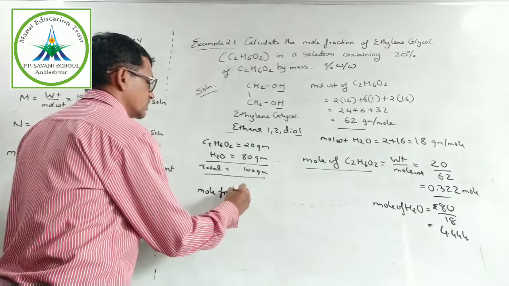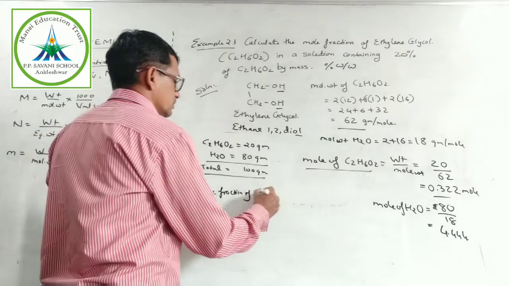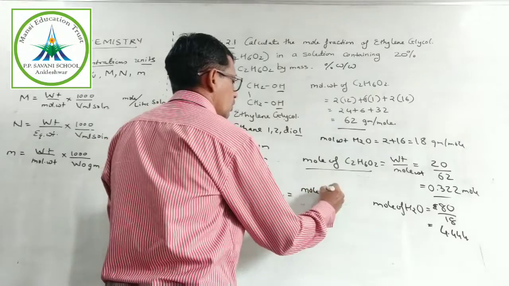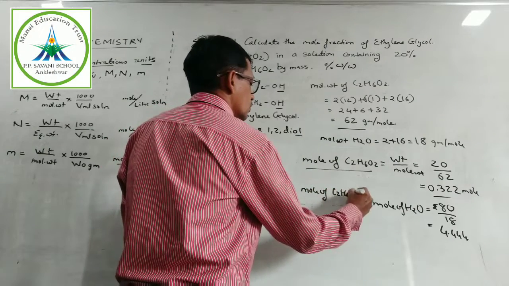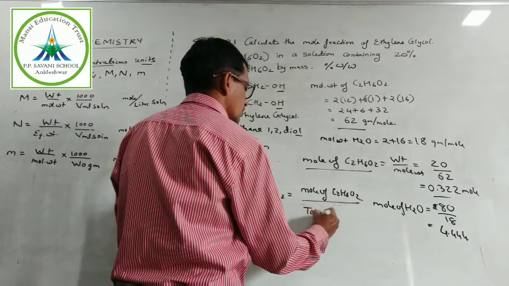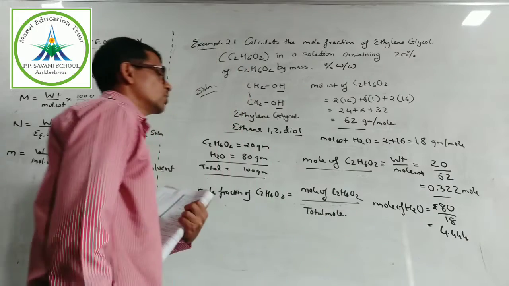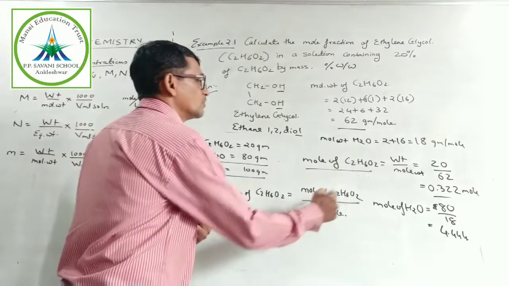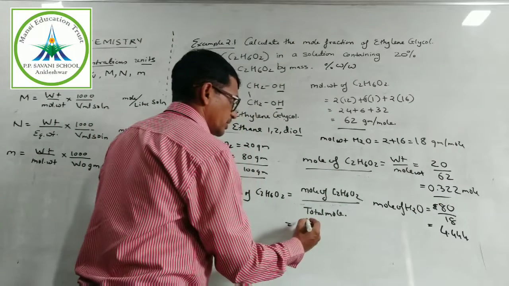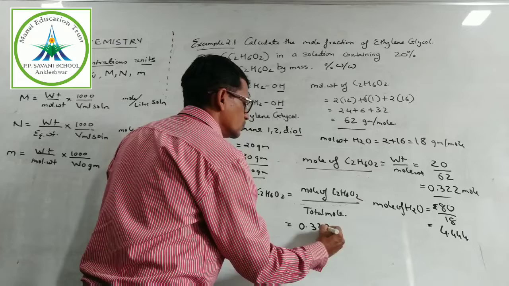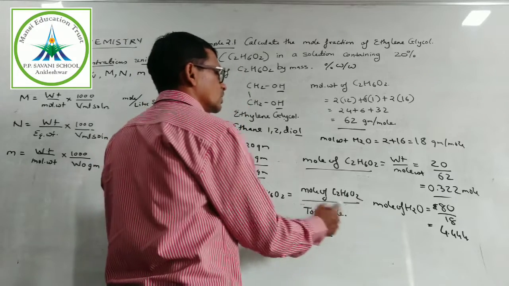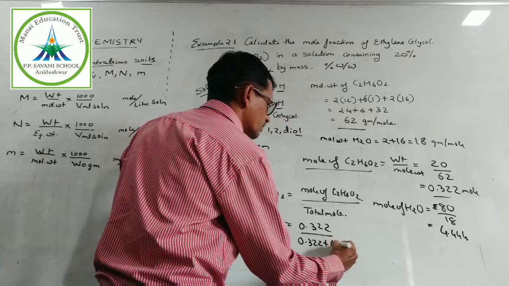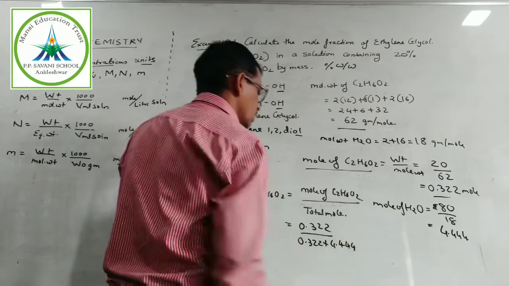Mole fraction of C2H6O2 is equal to moles of component C2H6O2 upon total moles. Total moles means moles of water and moles of ethylene glycol. Moles of ethylene glycol we already discussed, it is 0.322, upon total moles, meaning moles of ethylene glycol plus moles of water.